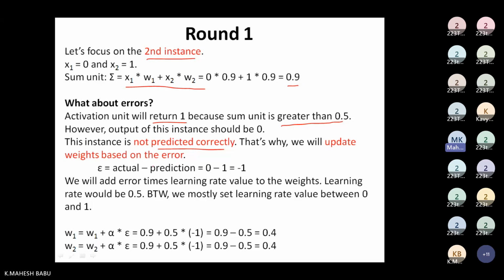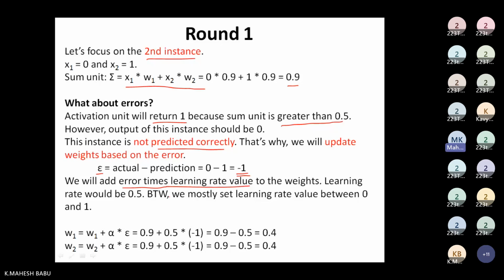Here I am going to find the error by means of epsilon, actual output minus predicted value. The actual output is 0 and the prediction is 1, so 0 minus 1 gives minus 1 as the error or correction value. We will add error times learning rate to the weights.